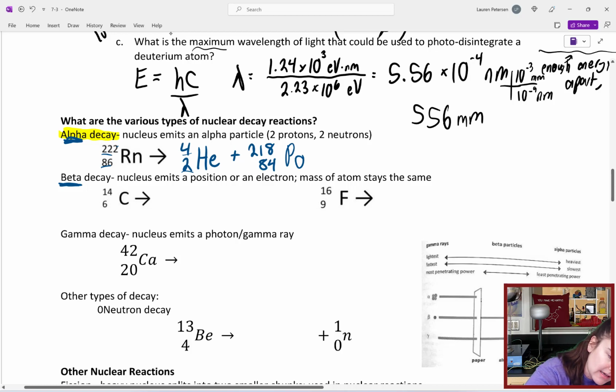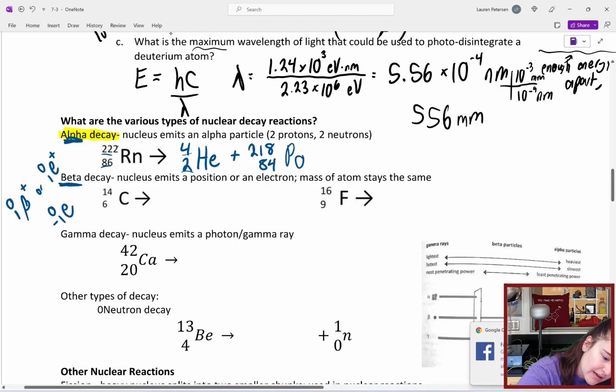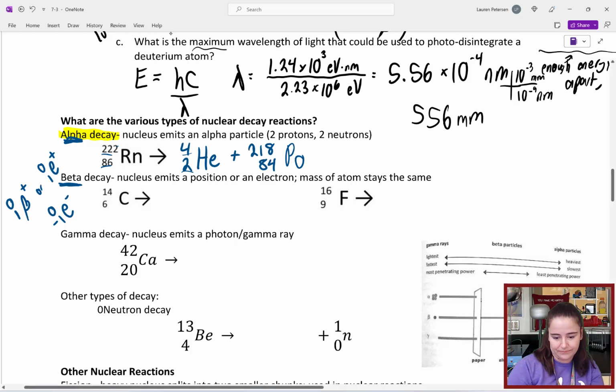Okay, you might see it as a 0, 1, e positive. Okay, that's for the positron. Or the same thing, but with an e for an electron. Because the electron is typically drawn like that. Okay, but again, every now and then you'll see the beta instead of the e for electron.